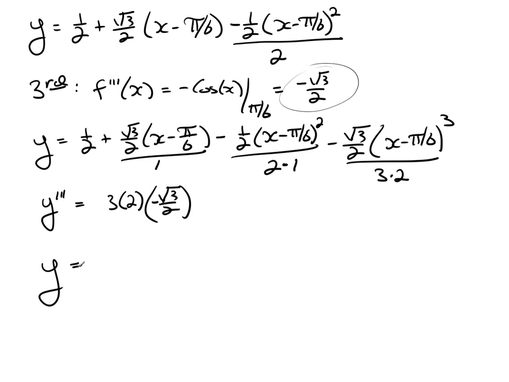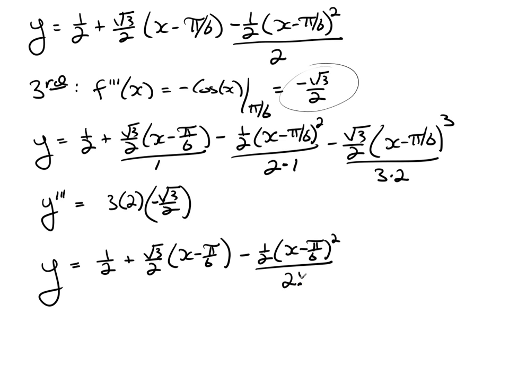This looks like it's actually y equals 1/2 plus root 3 over 2 times x minus pi over 6 minus 1/2 times x minus pi over 6 squared over 2 factorial minus root 3 over 2 times x minus pi over 6 cubed over 3 factorial.